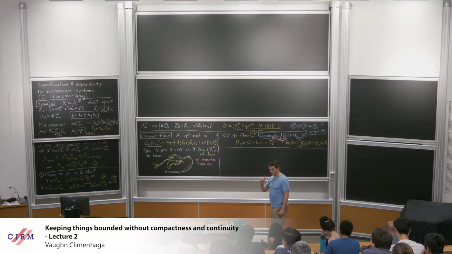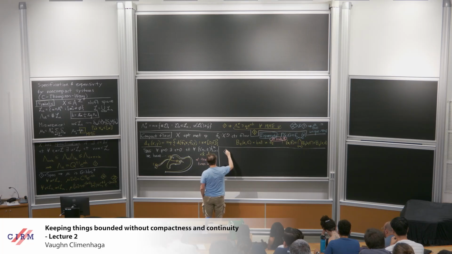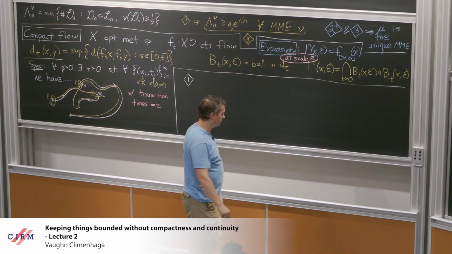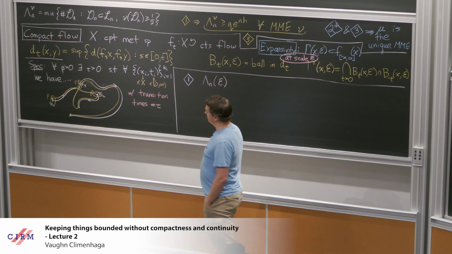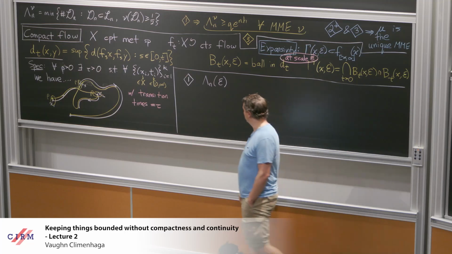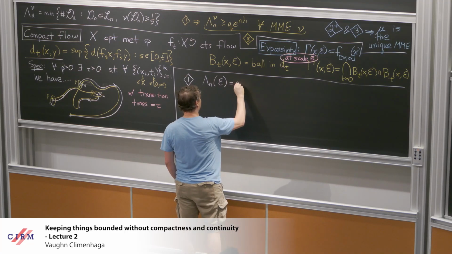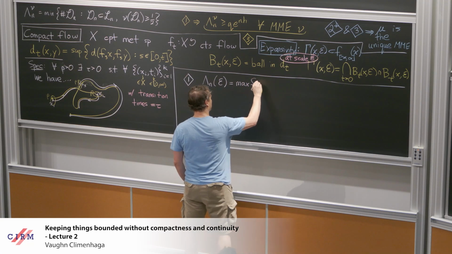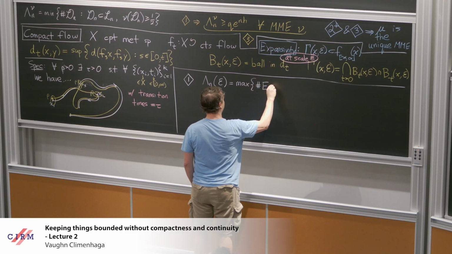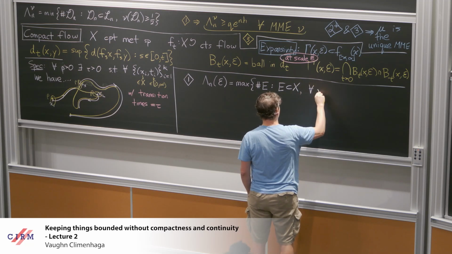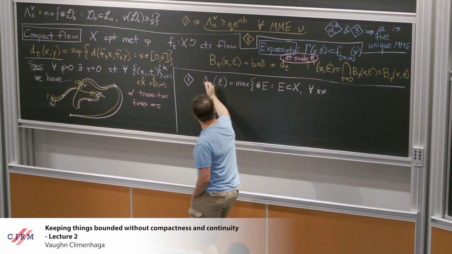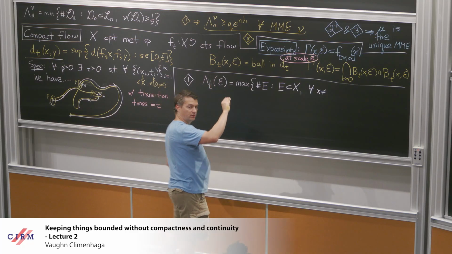So there were 3 properties. First had to do with the counting bounds. And so what we do here is we change the definitions. And instead of counting number of words, which doesn't make sense here, we say that lambda t of epsilon is the largest cardinality of a set E in the space X, this should not be n, this should be t, because we are in continuous time now.